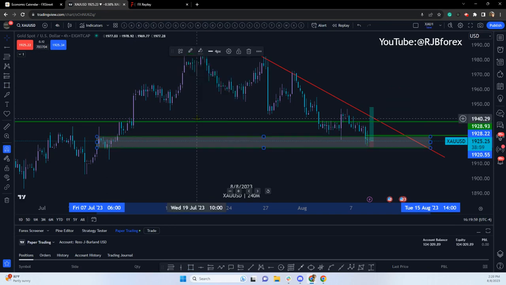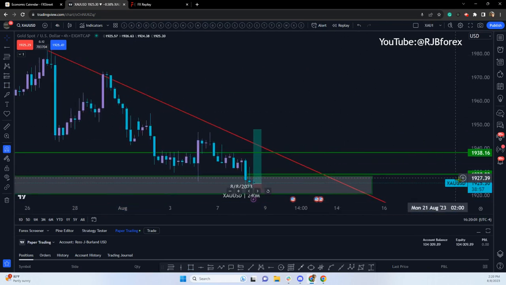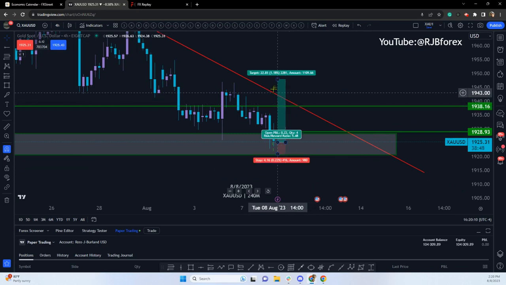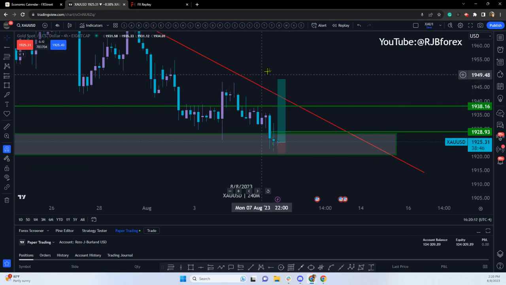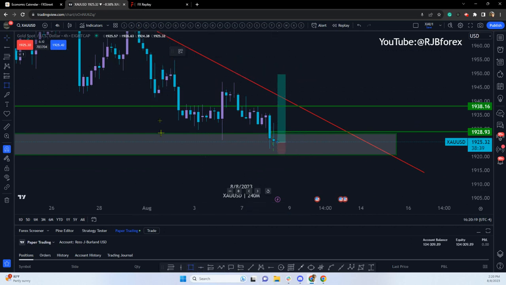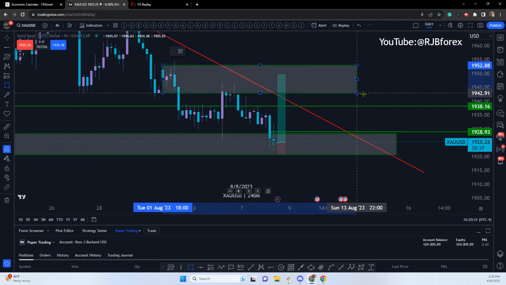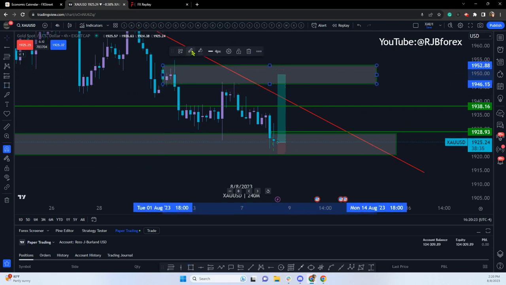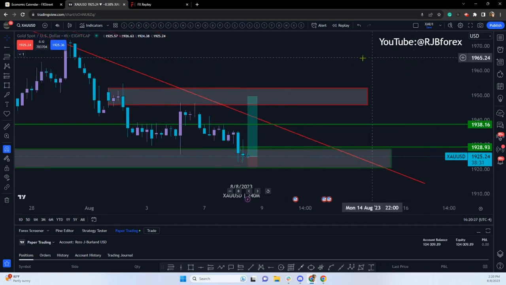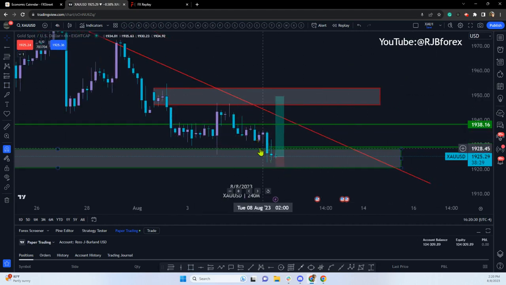So I wouldn't be surprised at all, and I'd be putting my money on a move up into this area of potential resistance, leaving money on the table for a clear out up here to the origin of the sell-off over here. Okay, so that is my thesis at the moment.